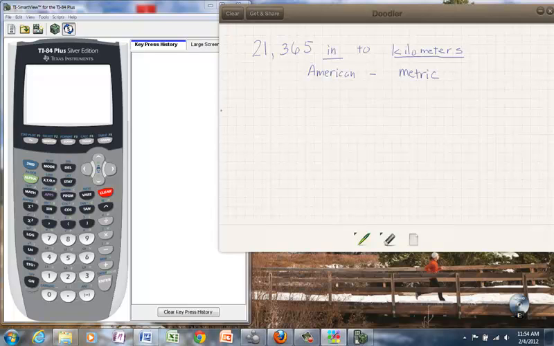And there's 3 facts that could be helpful. 2.54 centimeters is equal to 1 inch. So we could get from inches to centimeters and then work our way up to kilometers. Or 39.37 inches is about equal to 1 meter.